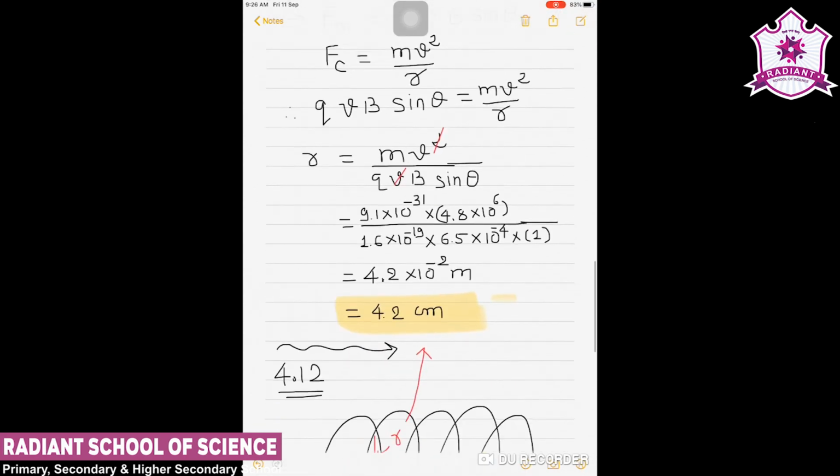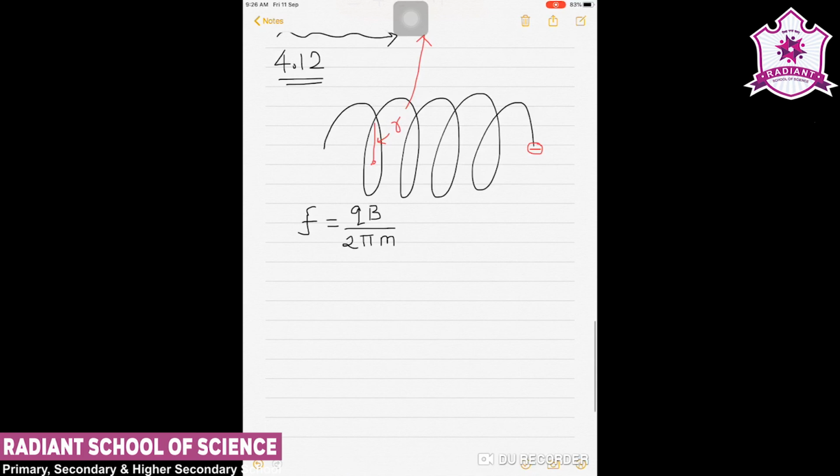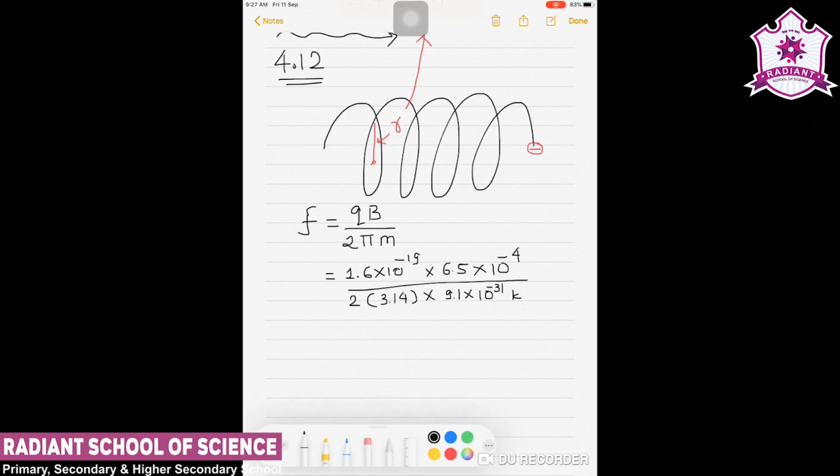When we put in all the terms we are provided: q, the charge of the electron, is 1.6 into 10 raised to minus 19; magnetic field B is 6.5 into 10 raised to minus 4 Tesla; 2 into 3.14; and the mass of the electron, which is also known, 9.1 into 10 raised to minus 31 kilogram. So these will be the given values.